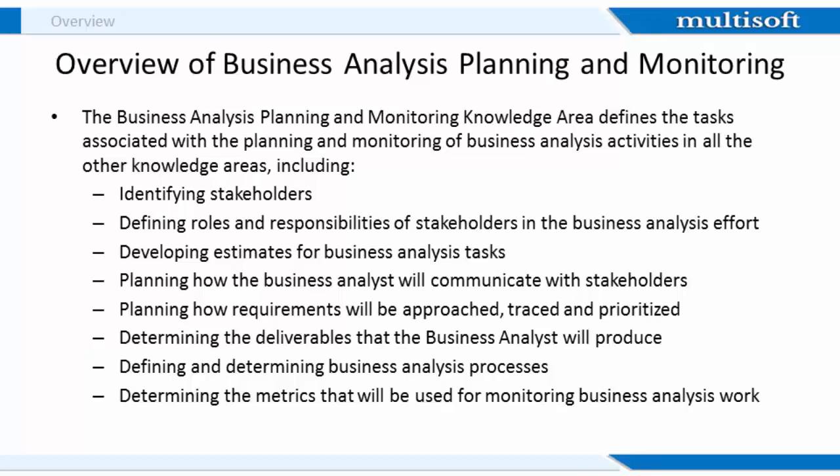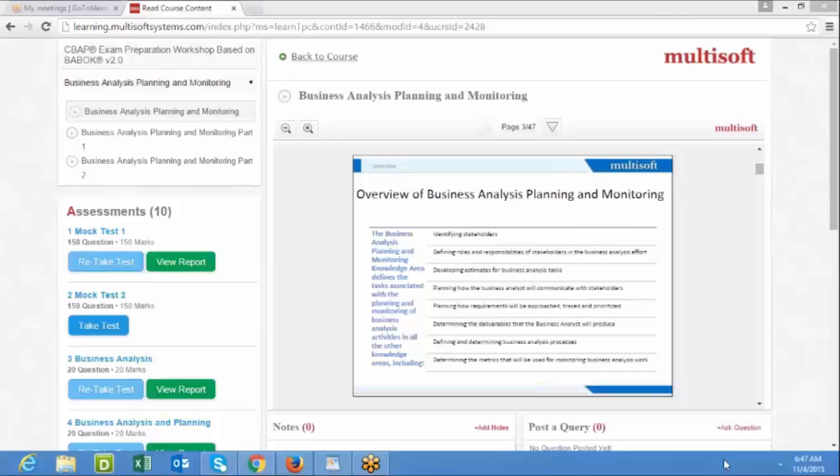So the slide talks about the overview. The business analysis planning and monitoring knowledge area defines the tasks associated with planning and monitoring the activity in all other knowledge areas, including identifying stakeholders, defining roles and responsibilities of stakeholders in the BA work effort, developing estimates for BA tasks, planning how the BA will communicate with stakeholders, planning how requirements will be approached, traced and prioritized, determining the deliverables that the BA will produce, defining and determining the BA process, determining the metrics that will be used for monitoring BA work.